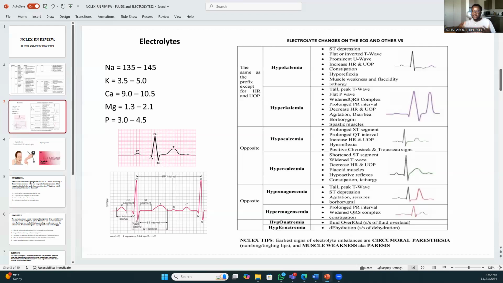Meaning, if it is hypokalemia, everything is low. Constipation sets in. Of course, the GI system is not functioning well. But only the heart rate and the urine output will increase. If it is hyperkalemia, meaning increased potassium, everything is high, except the heart rate and urine output will be low.